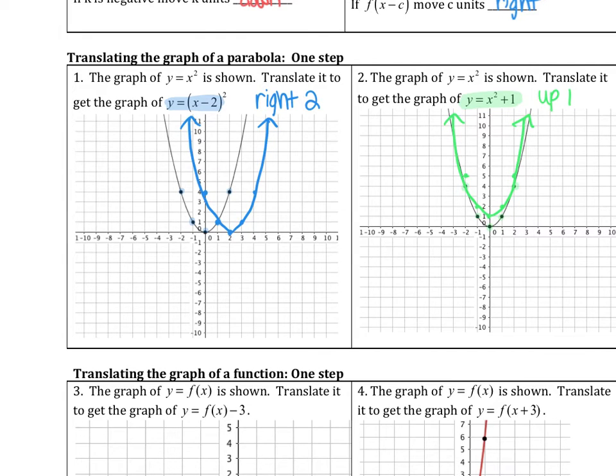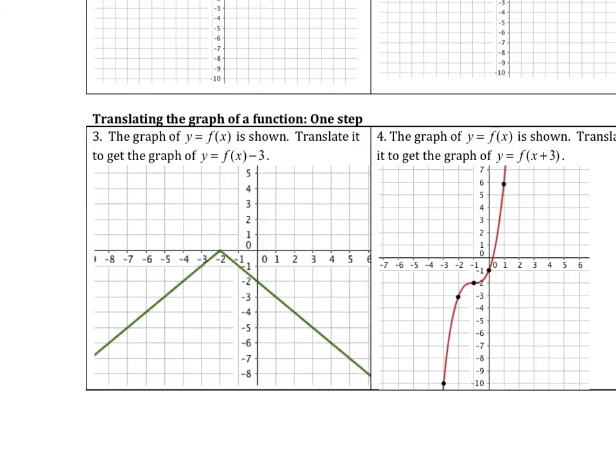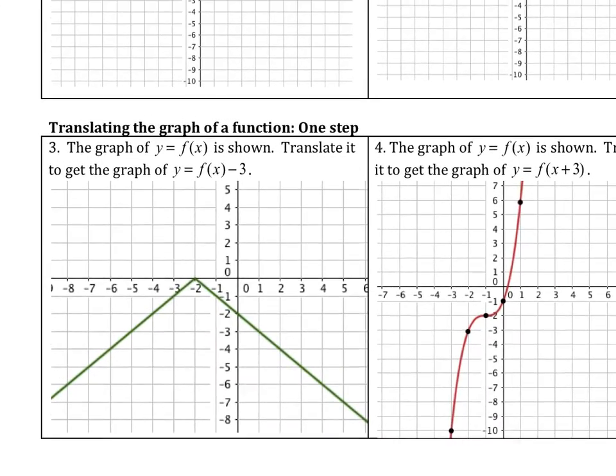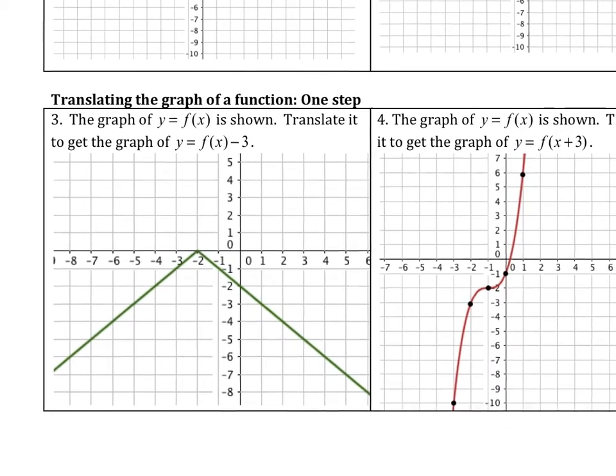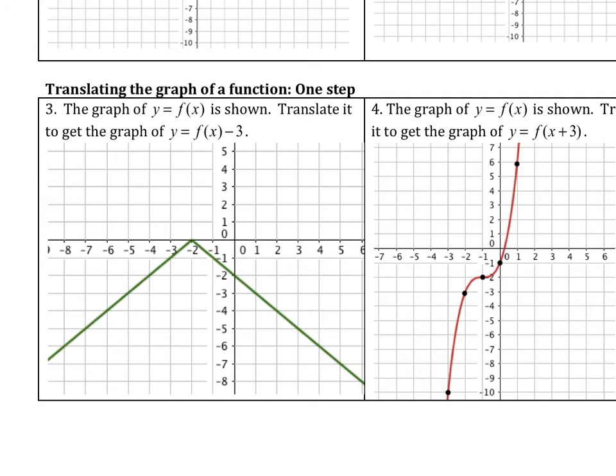Okay? Then when you're translating the graph of a function, so not necessarily a parabola, it's still the same thing. You are still going to pick about 3 points, and you're going to move those 3 points. Or you're going to actually pick up the graph. So the first one, we have y equals f of x minus 3. So the minus 3 on the outside is a vertical translation, and it's telling you to move everything down 3.